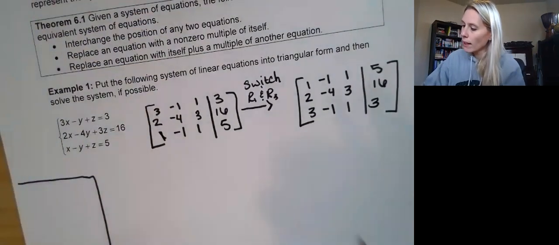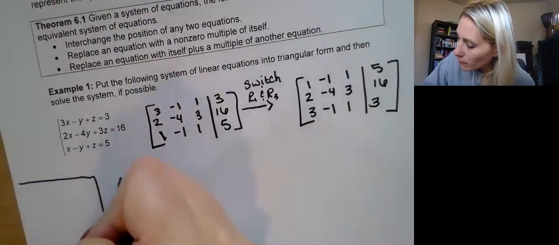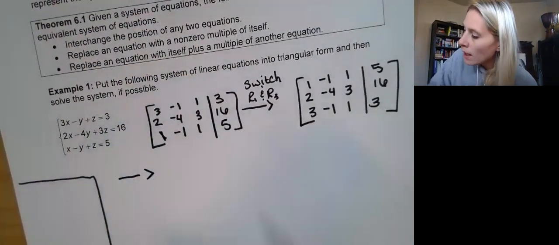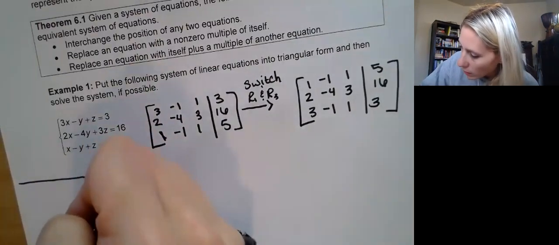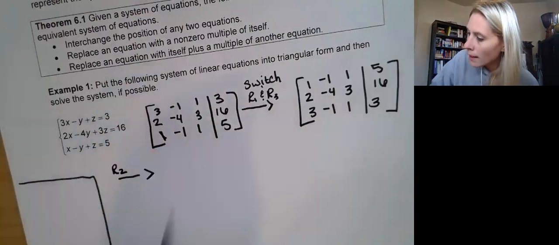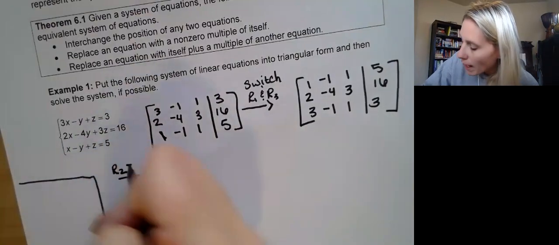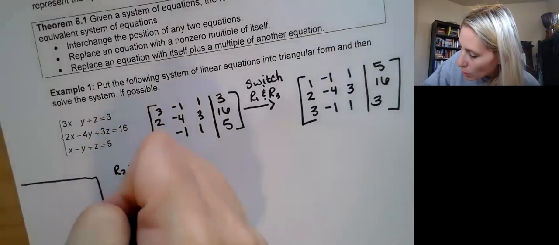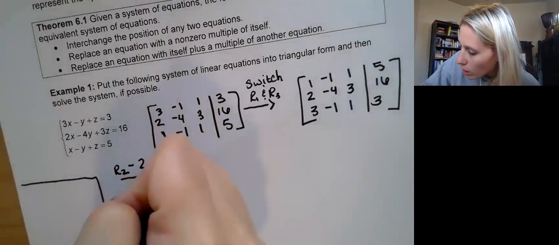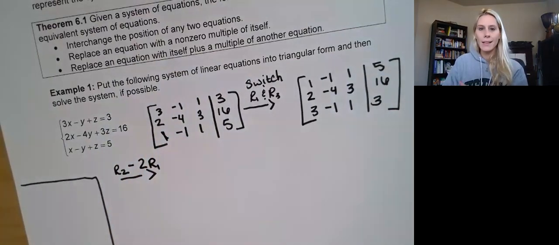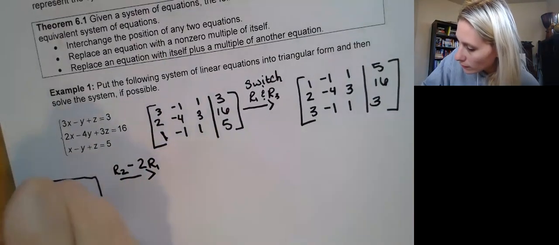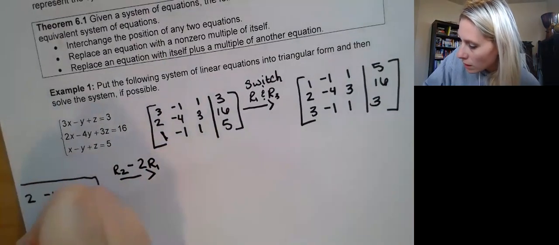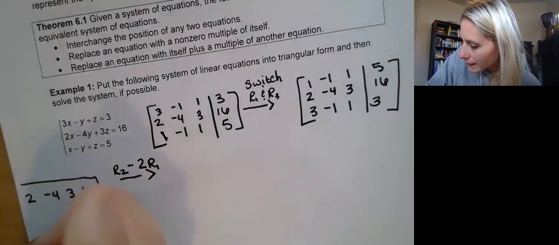So if you see right now, what I can do, and I'm going to move my arrow down here, I'm going to take row 2, because that's the one I want, and I'm going to subtract 2 of row 1, because then I can eliminate it. Okay, so watch. I have 2, -4, 3, 16.